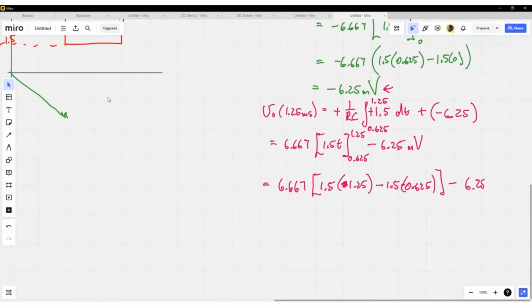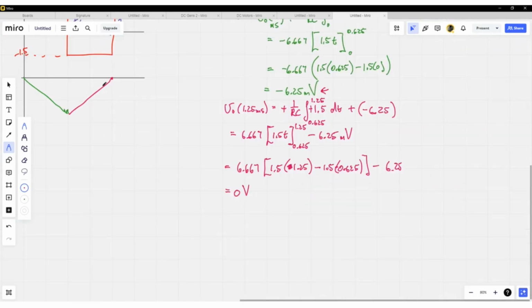If you calculate this now, that should give you 0. Yeah, that's going to give you 0. So your output is then going to go back to 0.